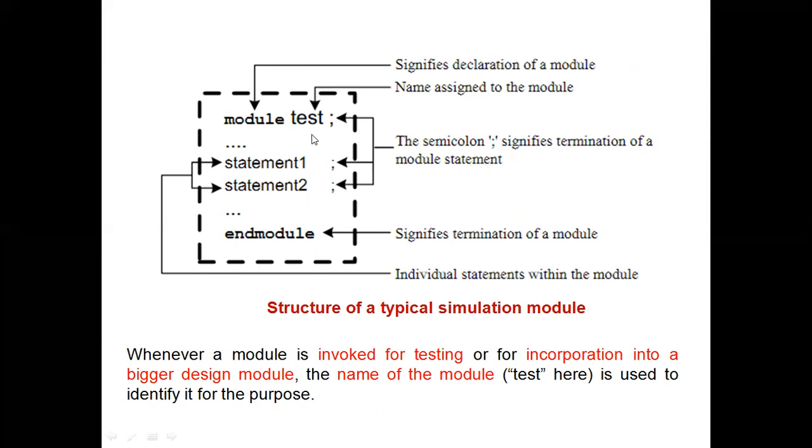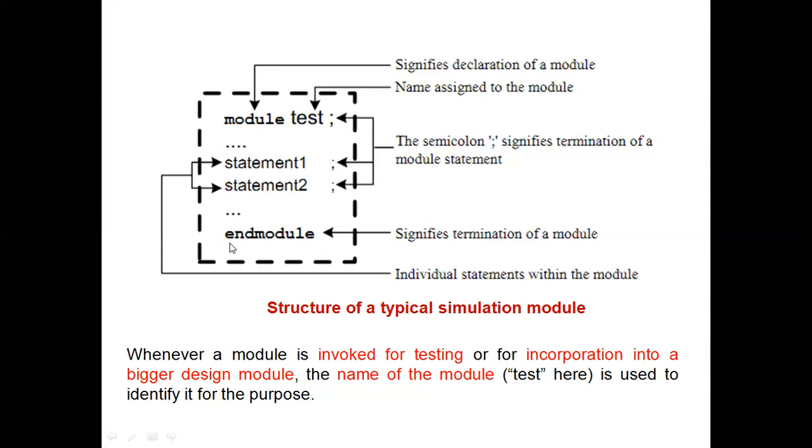Once again, this is a simple structure of a typical simulation module. Module is a keyword, the declaration of a module. This is the name of the module; this is your wish. The body of the module may consist of a number of statements, based upon your design.